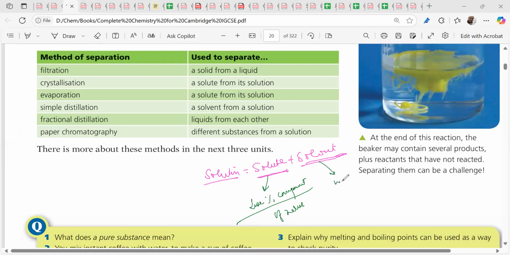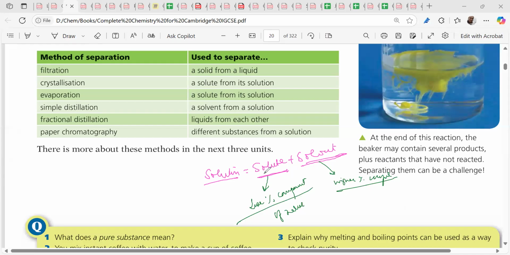Solvent is the higher percentage component of the solution. So solute is the lesser percentage component of a solution, and solvent is the higher percentage component of a solution.